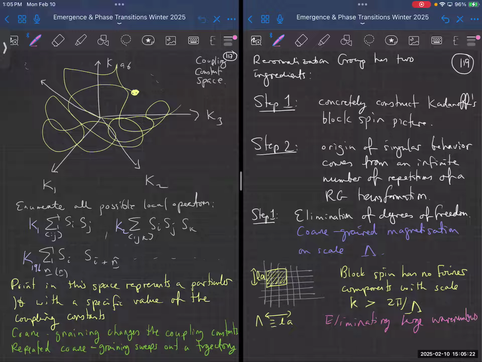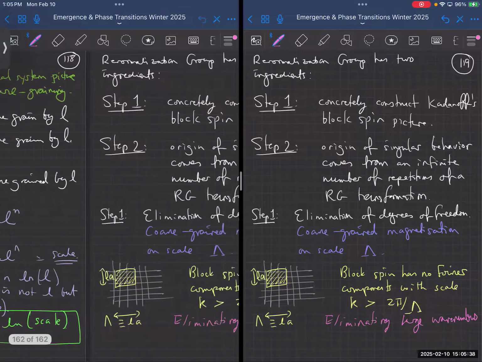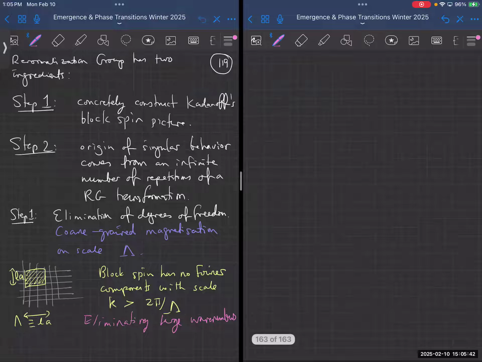There's a formal way that we do this, and in fact, later in the course, I'll show you that you can do this using Feynman diagrams. But for now, we don't need to. I just want you to have the idea that this picture is an elimination of degrees of freedom.